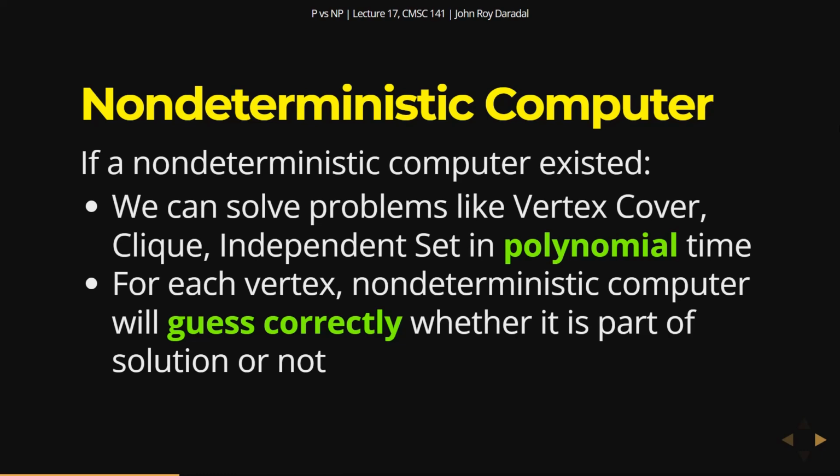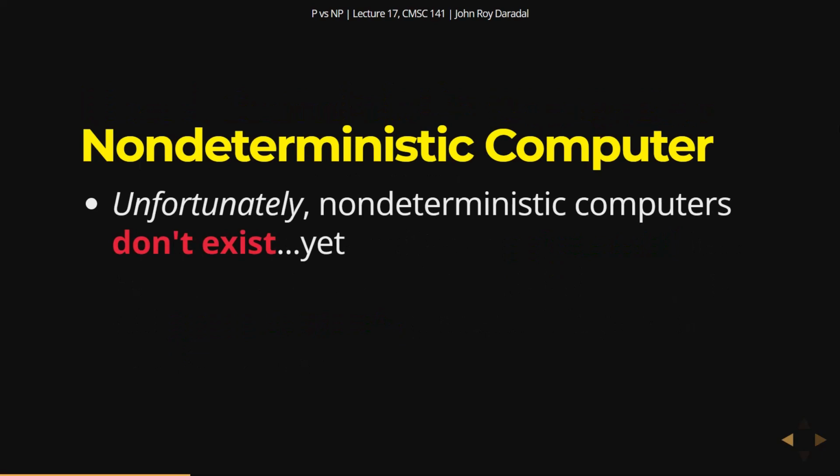So for example, for vertex cover, vertex A, will I include this in the solution? Then it will just guess correctly, right? Because it's non-deterministic, I can see into the future, and I have seen that A is part of the solution, but B is not. So it can just guess correctly each time, right? So you can finish the solution in polynomial time because it will just guess correctly.